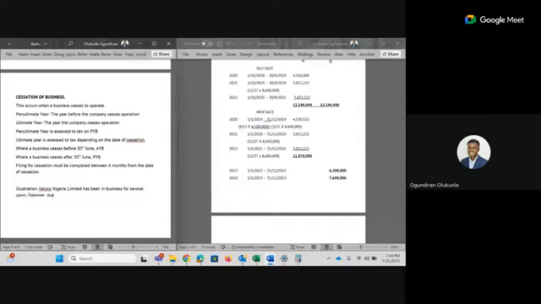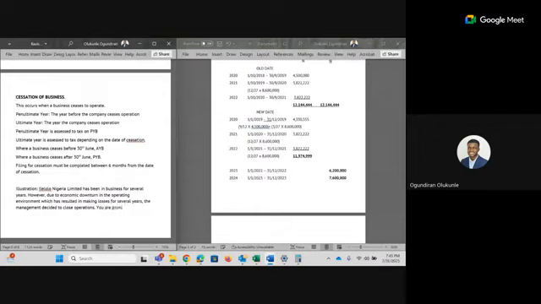However, due to an economic downturn in the operating environment, which has resulted in making losses for several years, the management decided to close their shop operation.